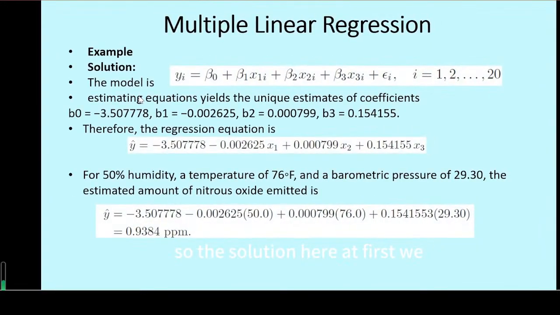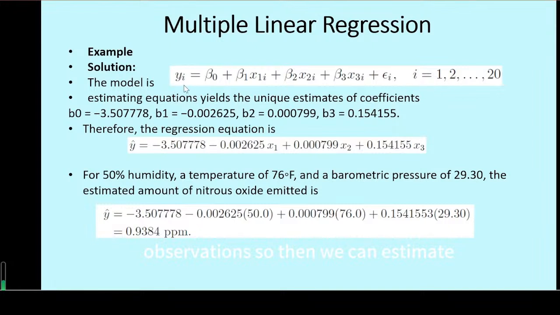So the solution is first to establish this multiple linear regression: beta 0 plus beta 1 x1i plus beta 2 x2i plus beta 3 x3i plus epsilon, the random term, with i from 1 to 20 because we have 20 observations.